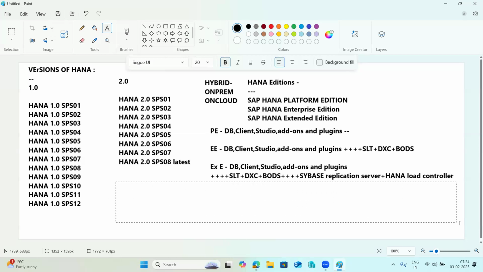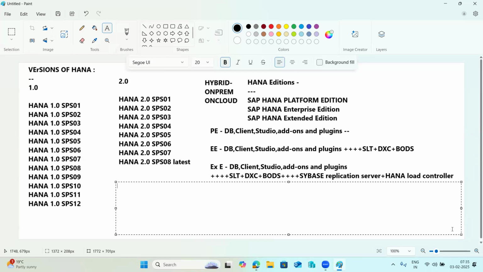Sir, why should I choose the HANA database? In simple terms, HANA is a next generation in-memory business platform. It accelerates analytics and applications in a single in-memory platform.